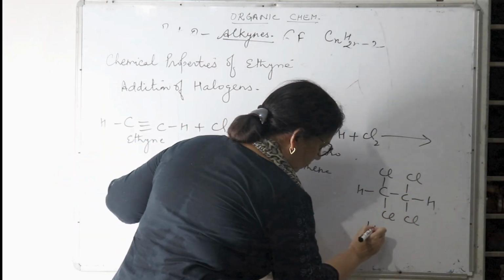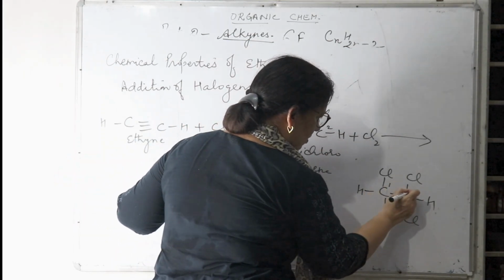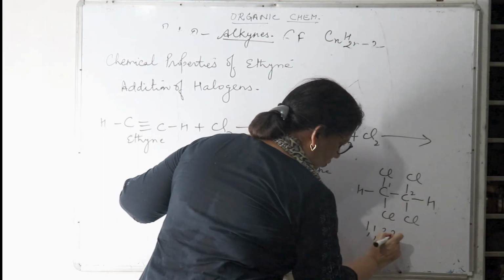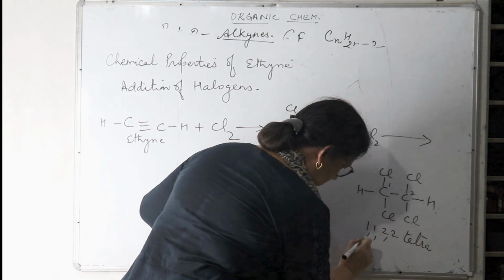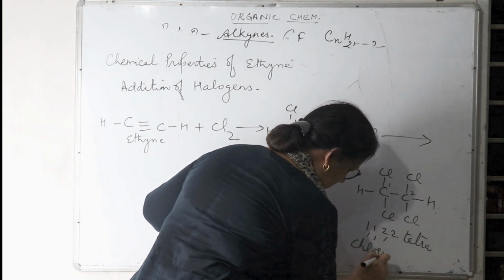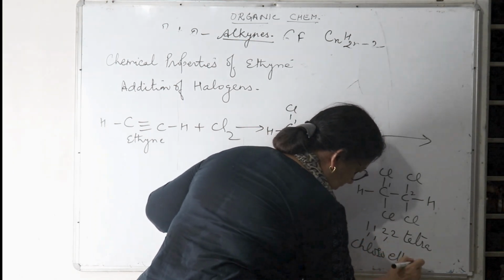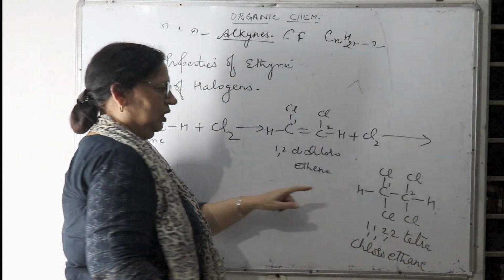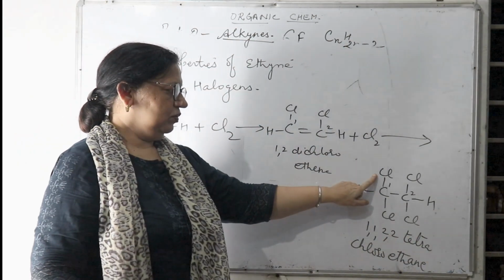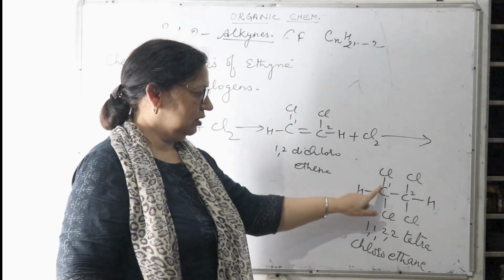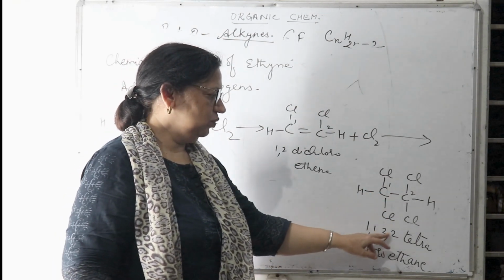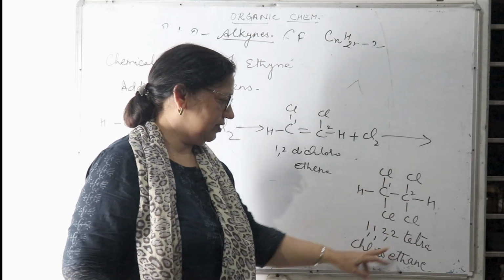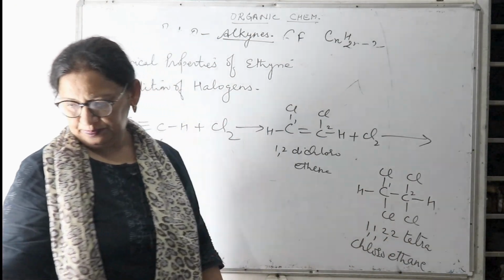This is 1,1,2,2-tetrachloroethane. 1 chlorine, 2 chlorine are there at number 1, and 2 are at number 2. So 1,1,2,2, for 4 it is tetrachloroethane.